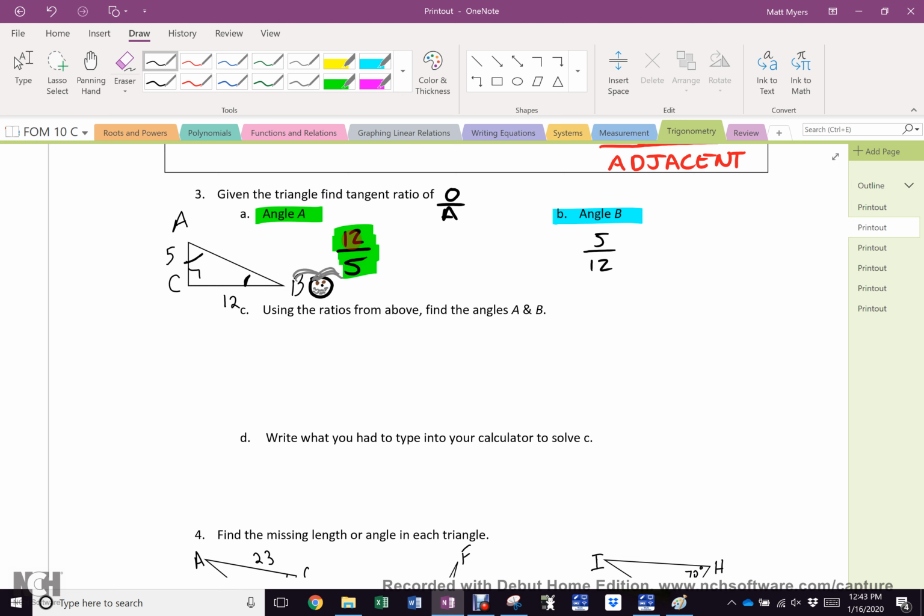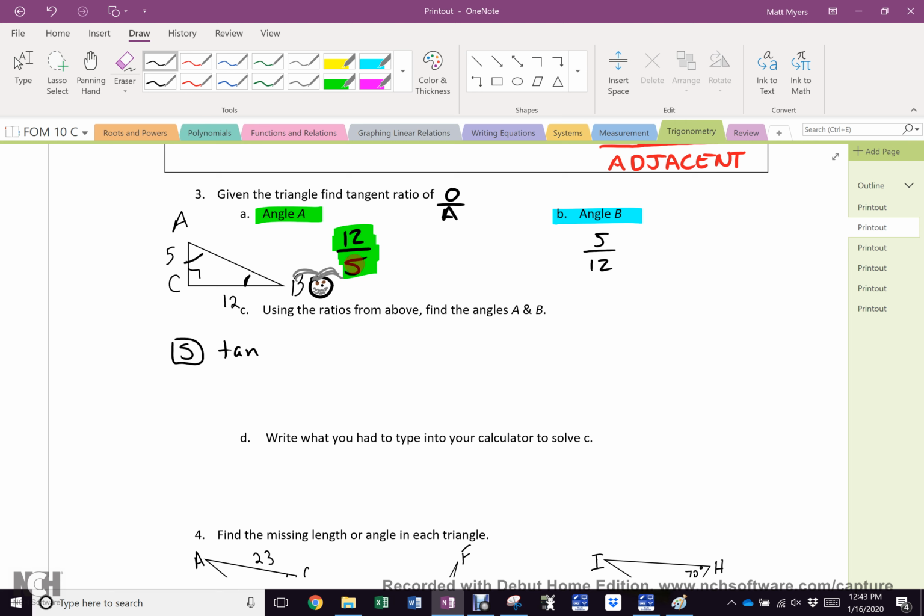So what will I do with my calculator? I'm going to hit shift, I'm going to hit tan, and then it's going to want some numbers. What do I type in to get my calculator to do this work for me? Jacqueline. You will have to push 12 divided by 5. Do that and see what happens. Don't say out an answer, just do it.